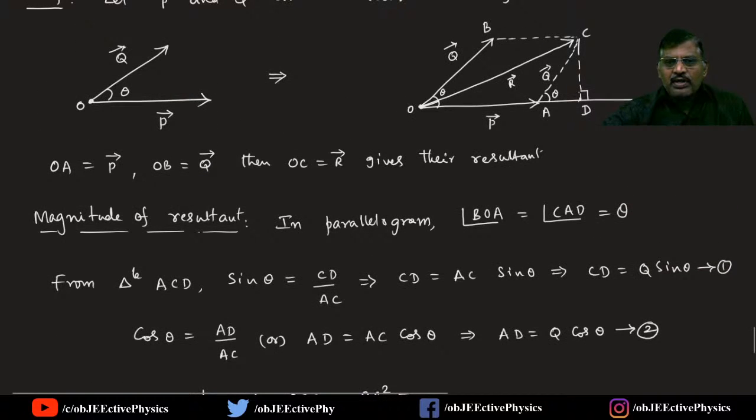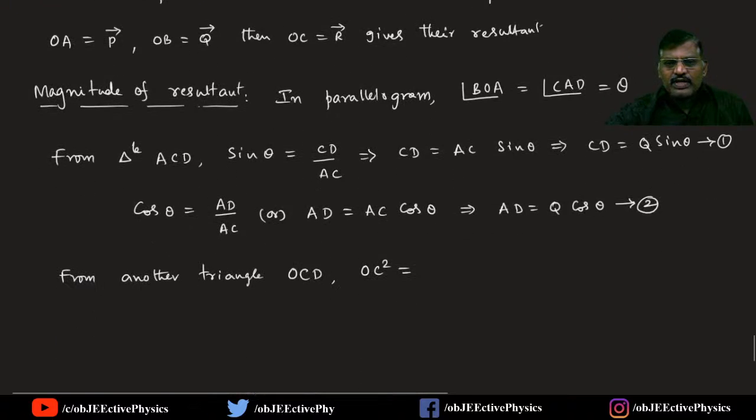Observe the diagram: OCD is a right angle triangle, so according to the Pythagoras theorem, OC square is equal to OD square plus CD square.